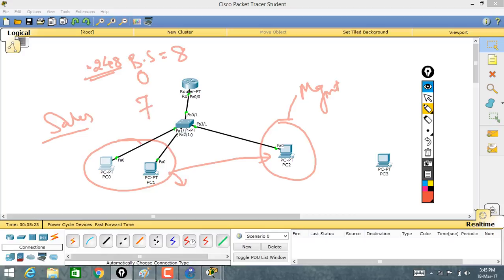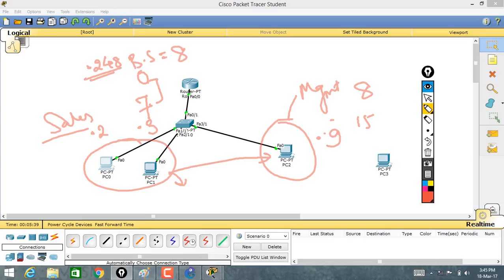So this IP I have given .2 and this .3, and this I have given .9. It doesn't fall into this subnet, it falls in another subnet, that is 8 till 15. So it will not be able to ping this.